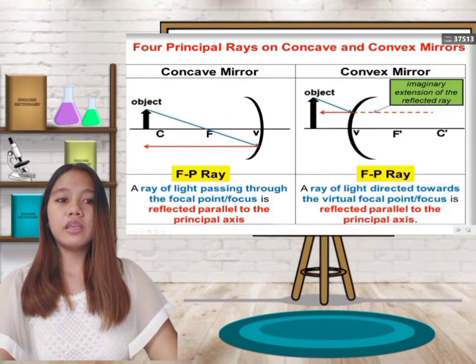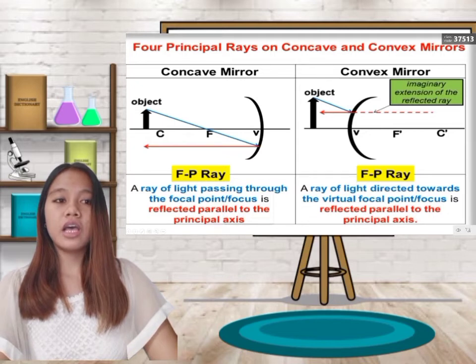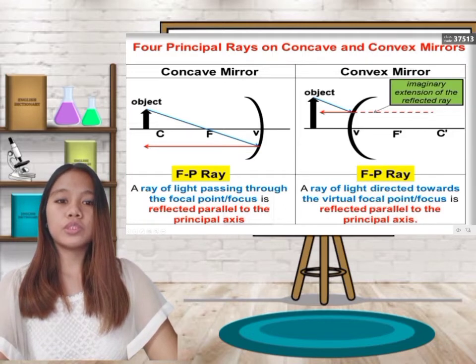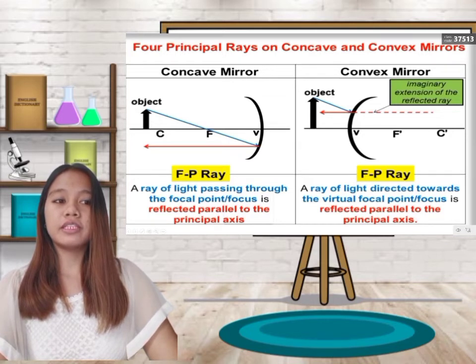On the FP ray, in concave mirror, a ray of light passing through the focal point or focus is reflected parallel to the principal axis. On a convex mirror, a ray of light directed towards the virtual focal point or focus is reflected parallel to the principal axis. You can see in the picture there is also an imaginary line extension of the reflected ray.